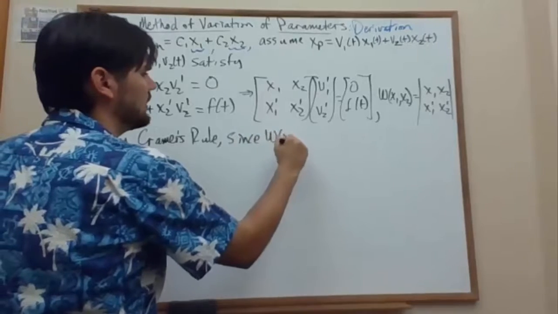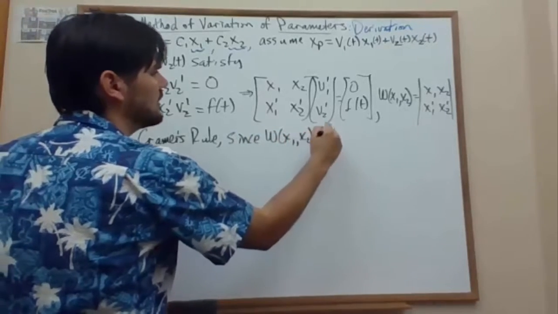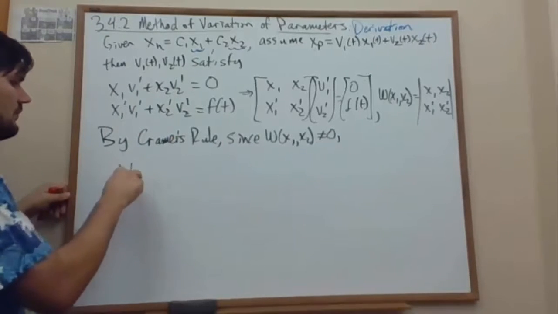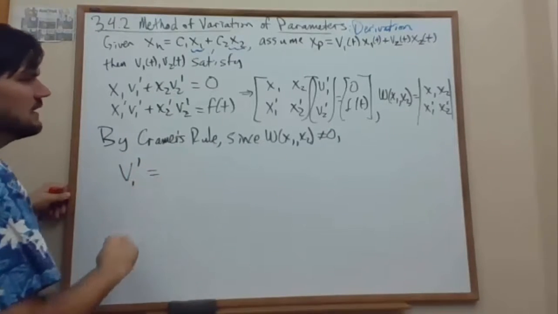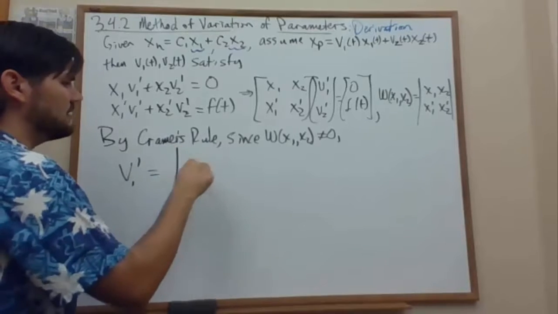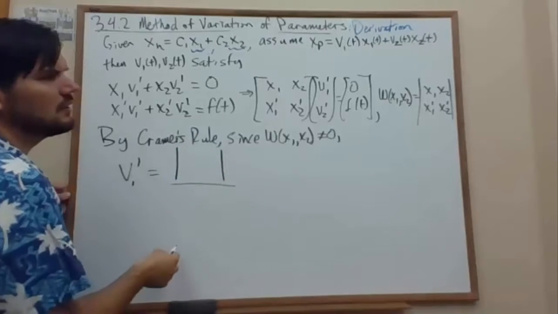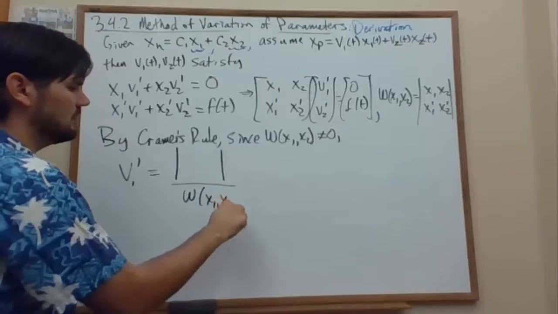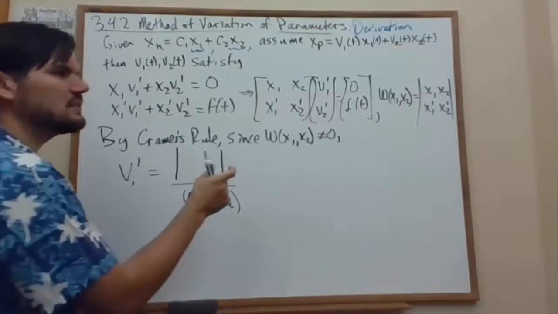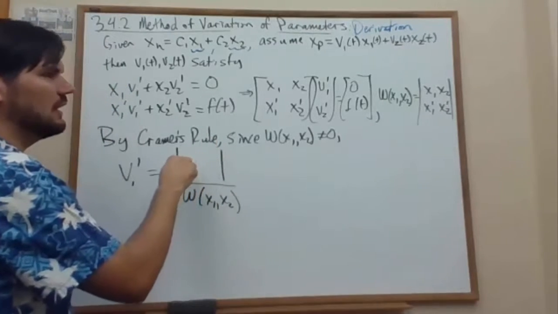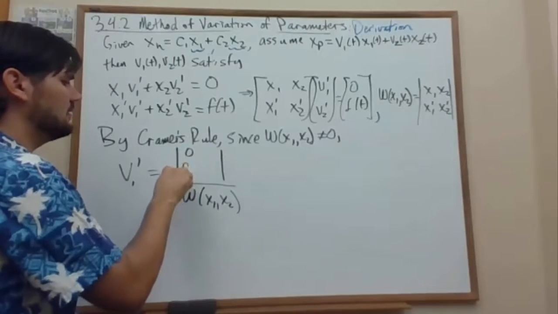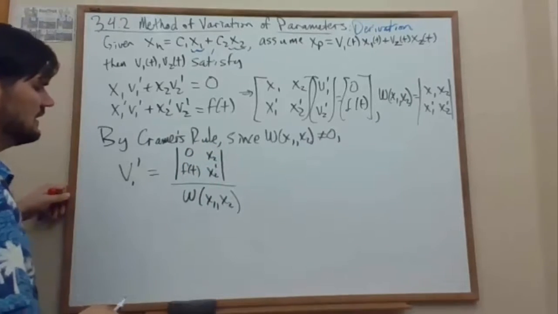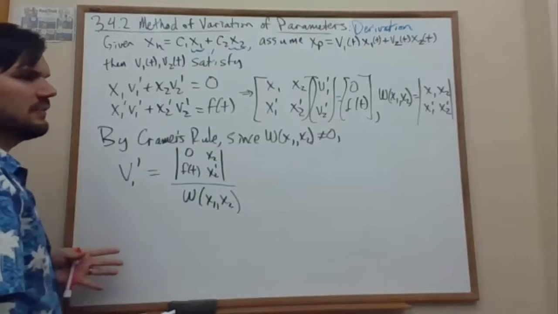So by Cramer's rule, since the Wronskian of x1, x2 is not equal to 0, v1 prime is equal to the ratio of the two determinants, where the bottom determinant is the Wronskian, and the top determinant is that Wronskian modified by the right-hand side, 0 and f of t, keeping x2 and x2 prime. So that is the derivative.